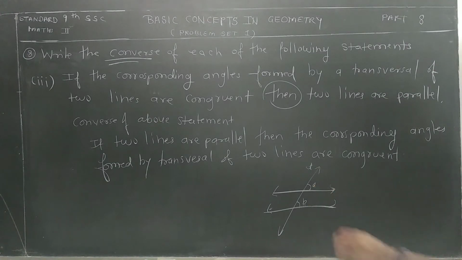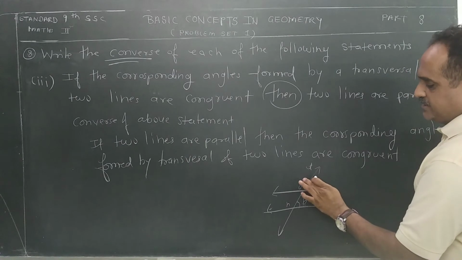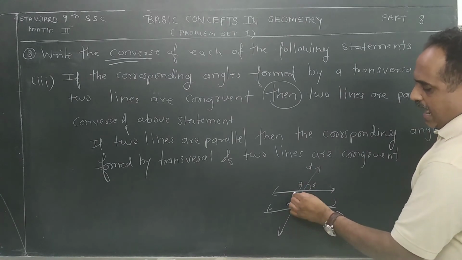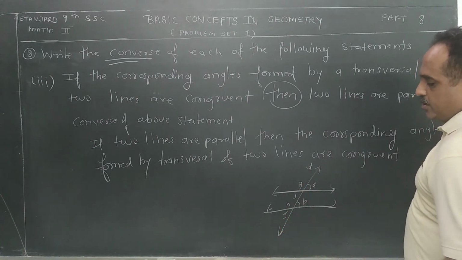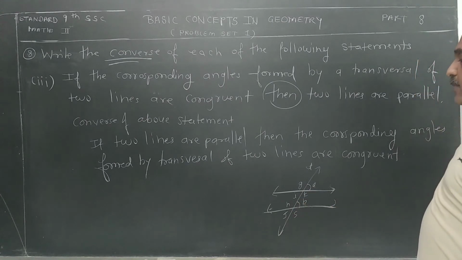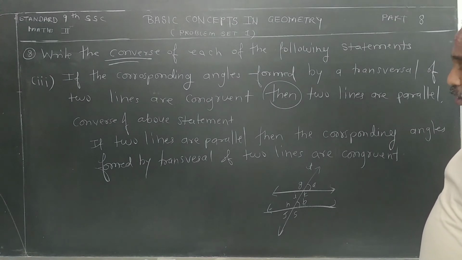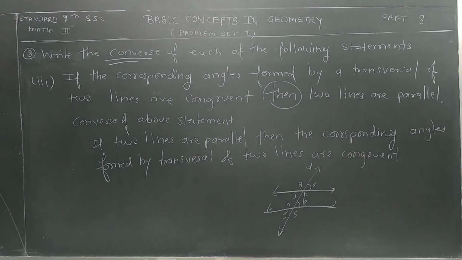A is equal to B. Suppose here we have angle G and angle H, they are also corresponding. G is equal to H. Similarly I and J, and K and S. So these types of angles are called corresponding angles, and corresponding angles of parallel lines are congruent. That is a statement we are going to study in the next topic. That time we'll see.